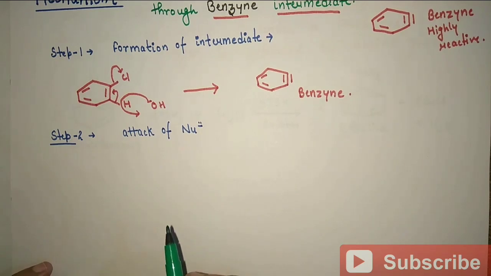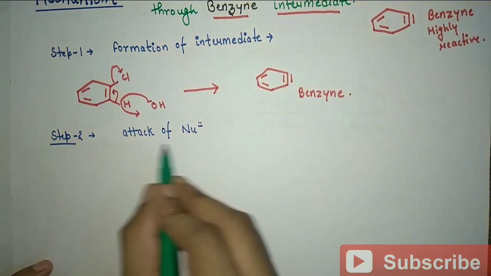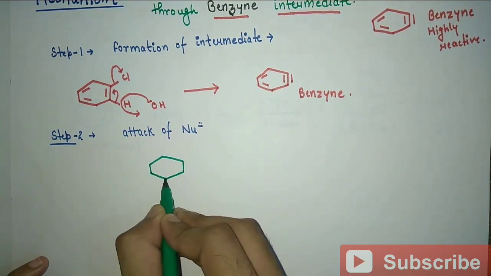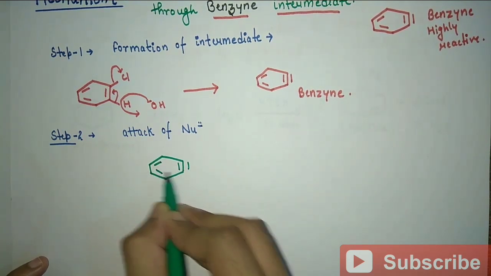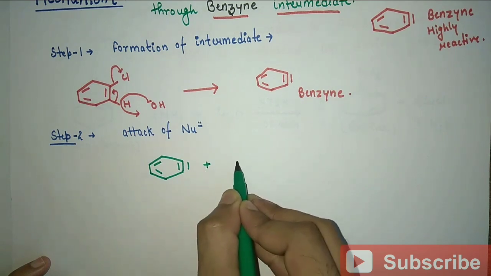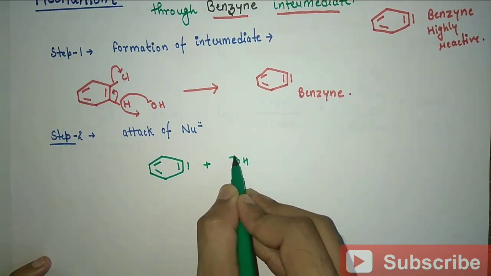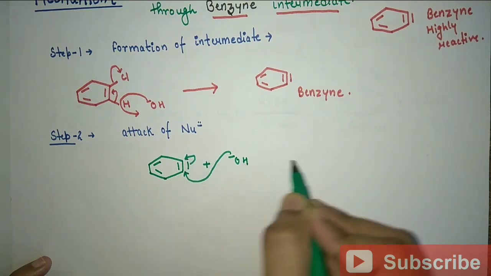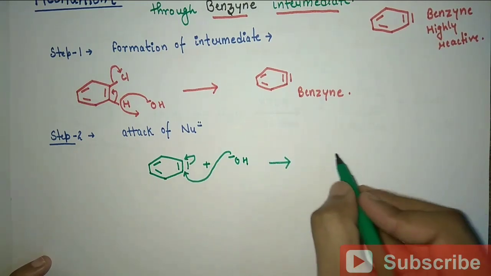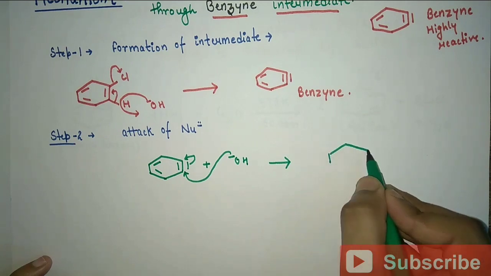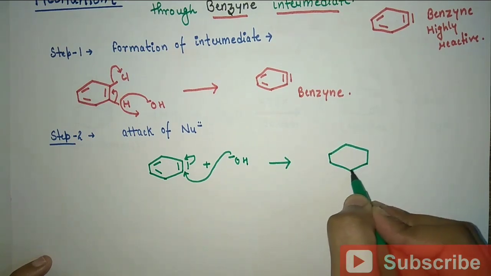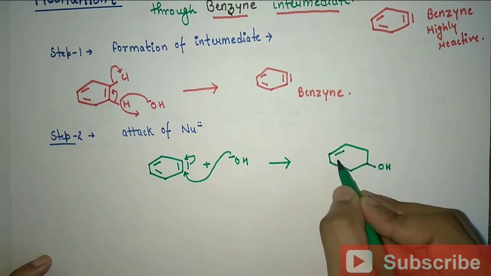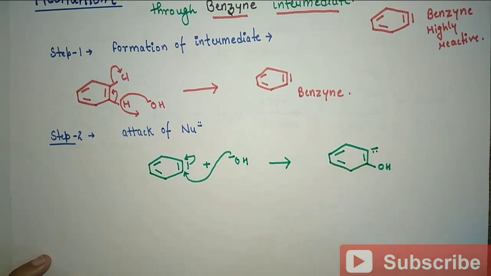Now in the second step, benzyne gets attacked by the nucleophile. This was our benzyne, and it is attacked by our nucleophile. This bond goes to this adjacent carbon atom, and here comes the negative charge.